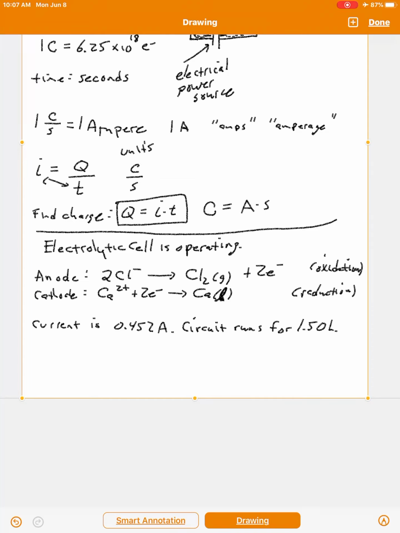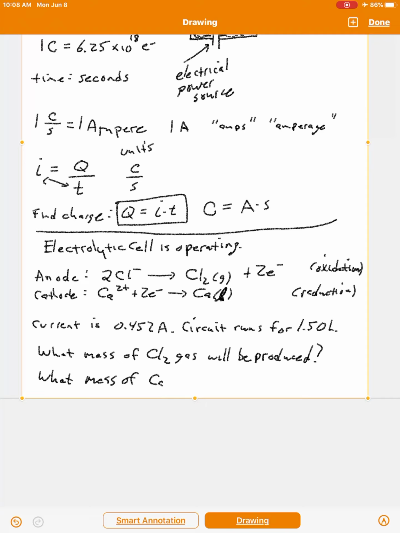So the question in this particular example is, what mass of chlorine gas will be produced? That's one question. The second question is, what mass of calcium will be produced? It's a liquid.